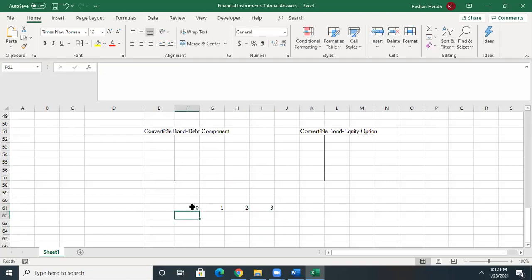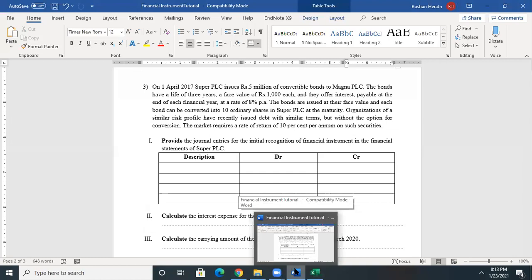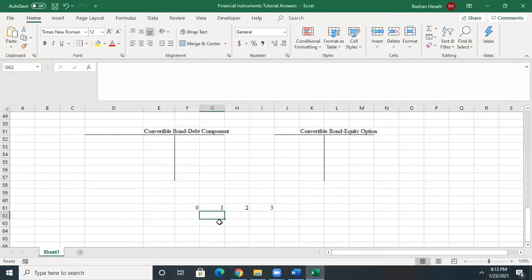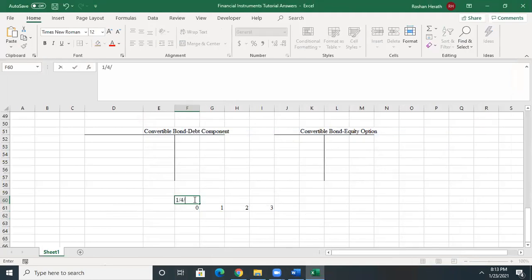You are today at 1st of April 2017, so you are paying the coupon at the end of each year: 31st March 2018, 31st March 2019, and 31st March 2020.